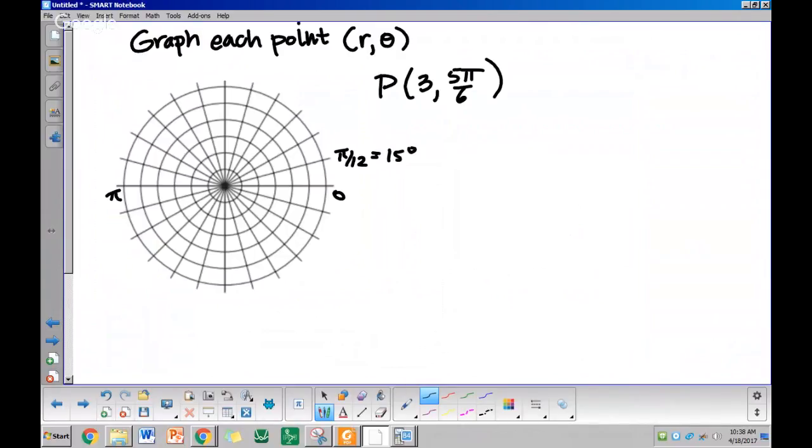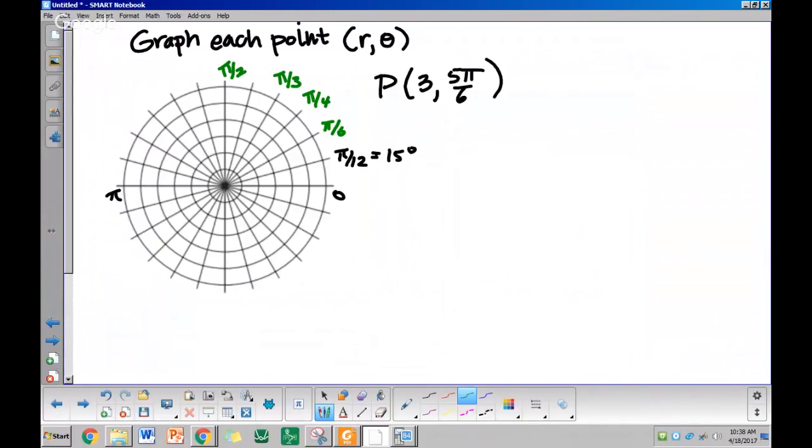That means this is pi over 6, this is pi over 4, this is pi over 3, this is pi over 2. The middle three are the ones we're most familiar with.